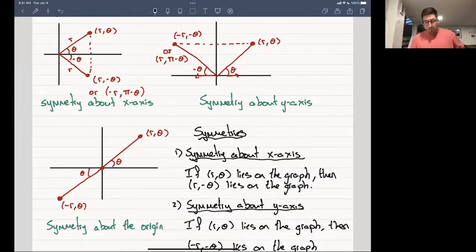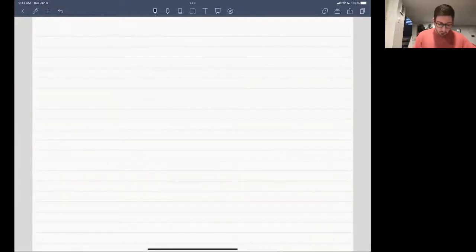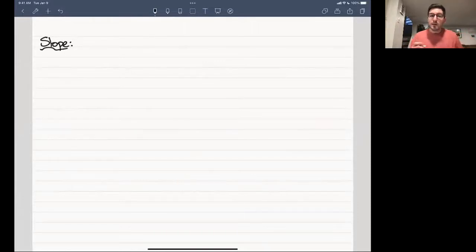Just like we did with parametrized curves, we're always interested in dy dx. We're never interested in the derivatives of r with respect to things like that. We just care about dy dx because that is the slope of the tangent line of these curves in the Cartesian plane.